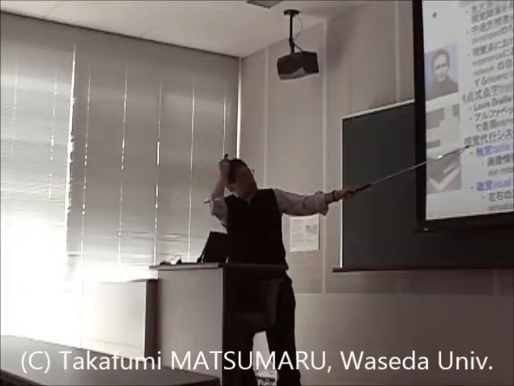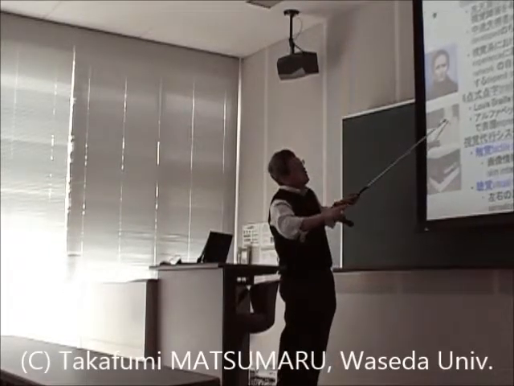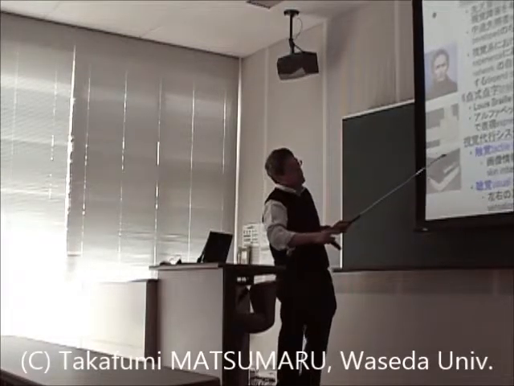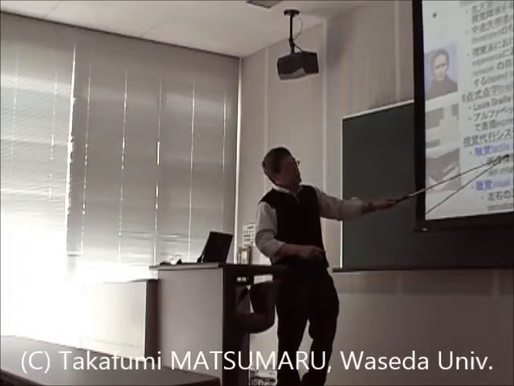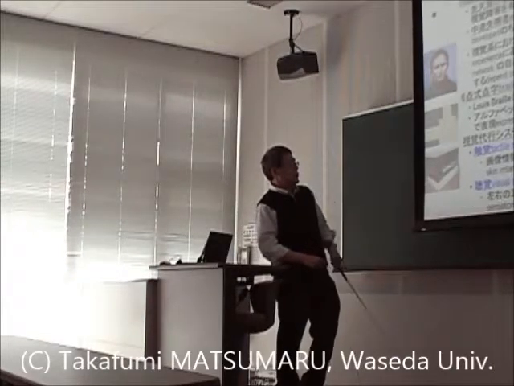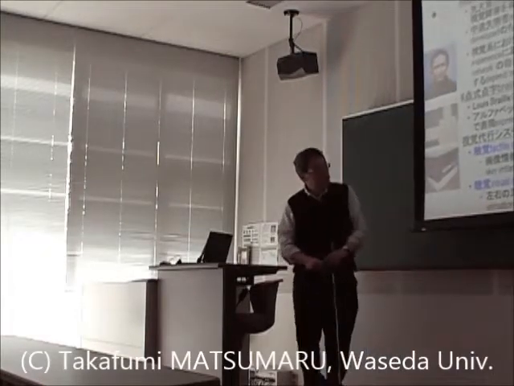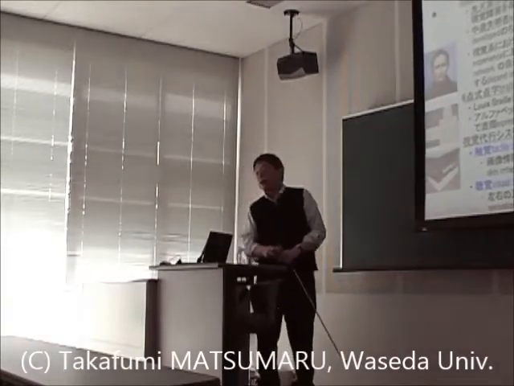So therefore, this is one way of using a tactile sense system. So the tactile sense is used, and also the auditory sense. Auditory sense is used in place of the visual sense.